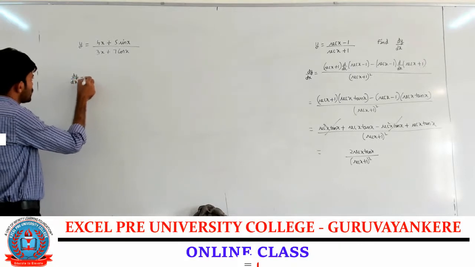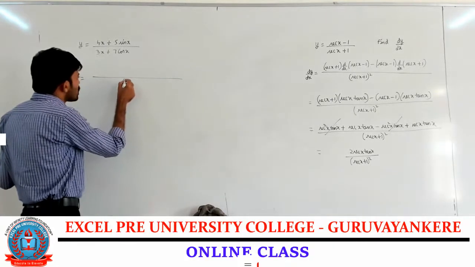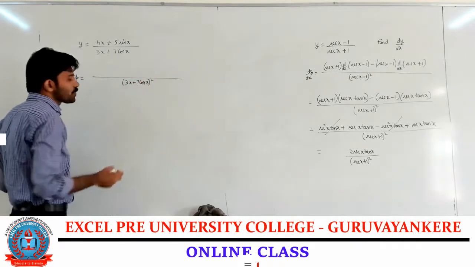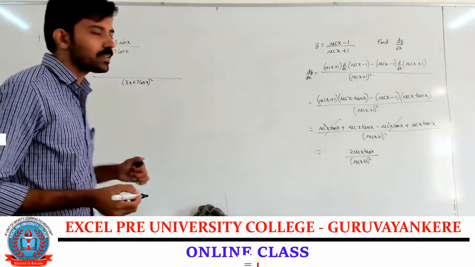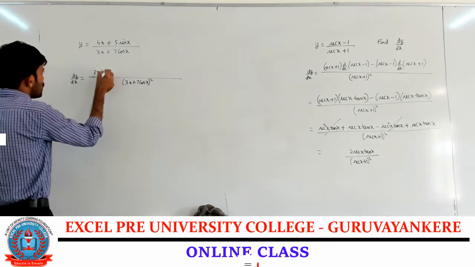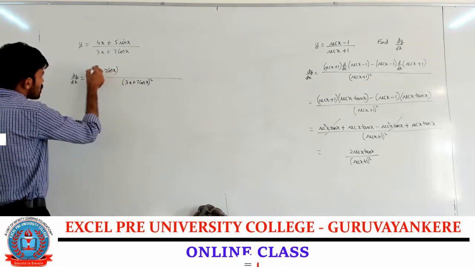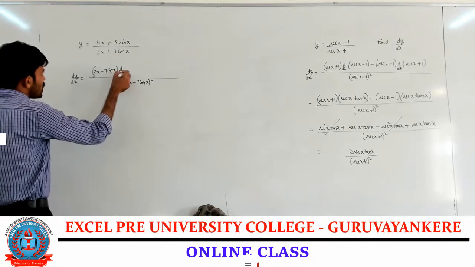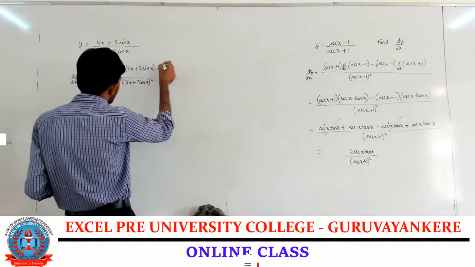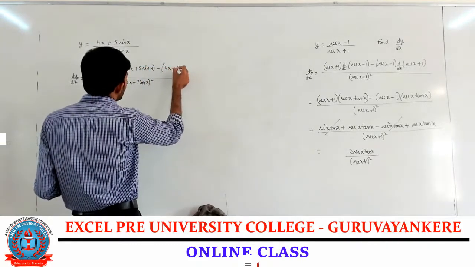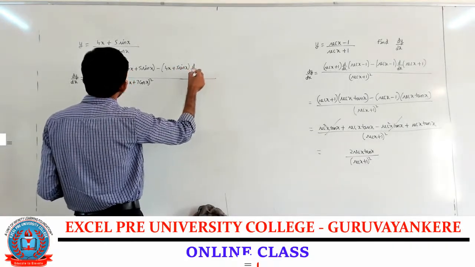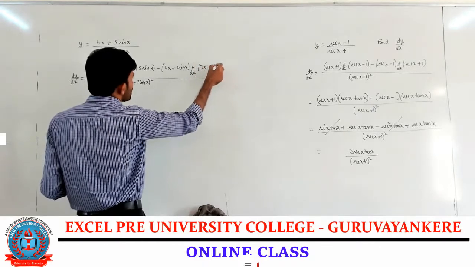dy by dx equal to 3x plus 7 cos x the whole square, denominator square, denominator keep as it is, differentiate the numerator, minus numerator into differentiate the denominator 3x plus 7 cos x.